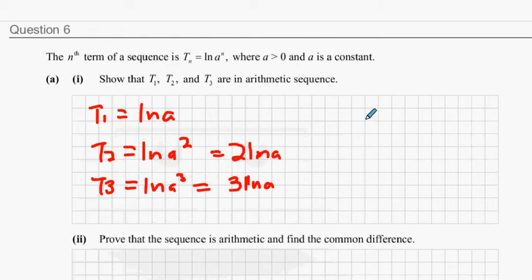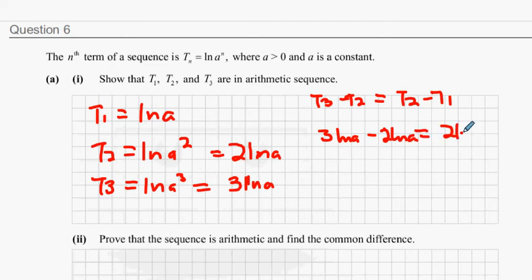So T3 minus T2 equals T2 minus T1. So 3 ln A minus 2 ln A equals 2 ln A minus ln A. So ln A equals ln A.